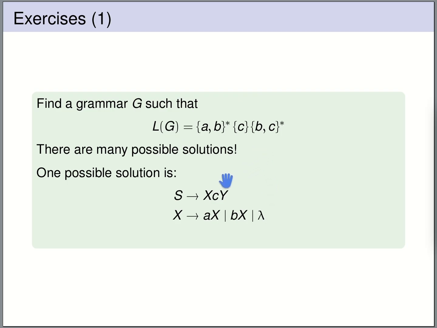And similarly, we add 3 rules for Y to generate an arbitrary word over {b,c}. Y can rewrite to bY, to cY, or to lambda. So we have a grammar consisting of 7 rules, and the language generated by this grammar is precisely this language.